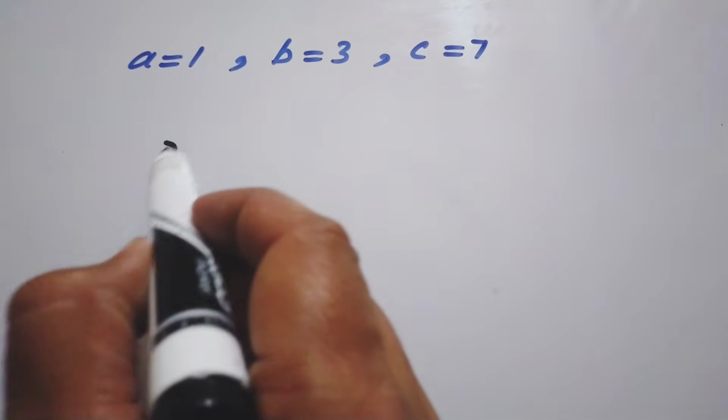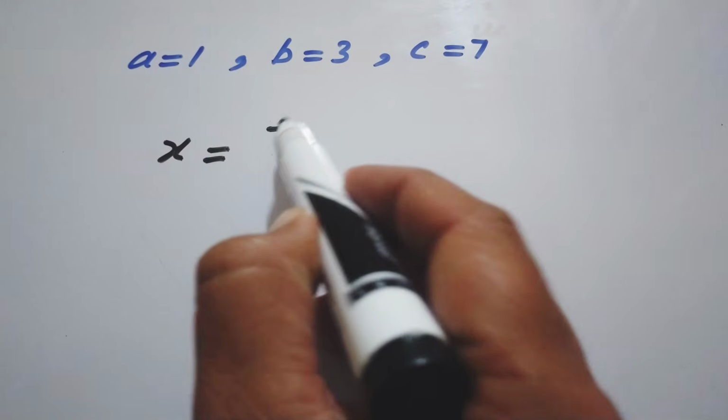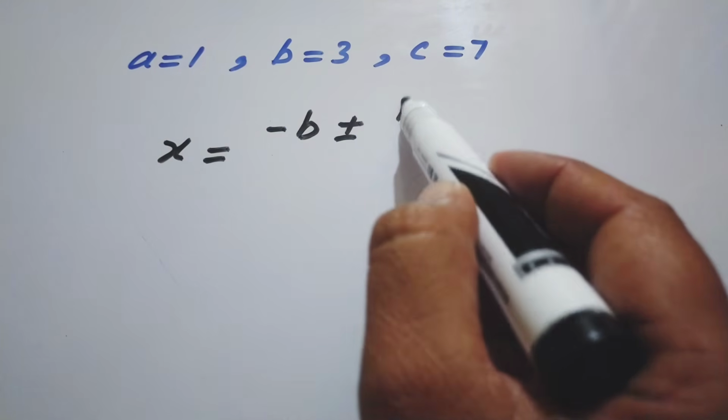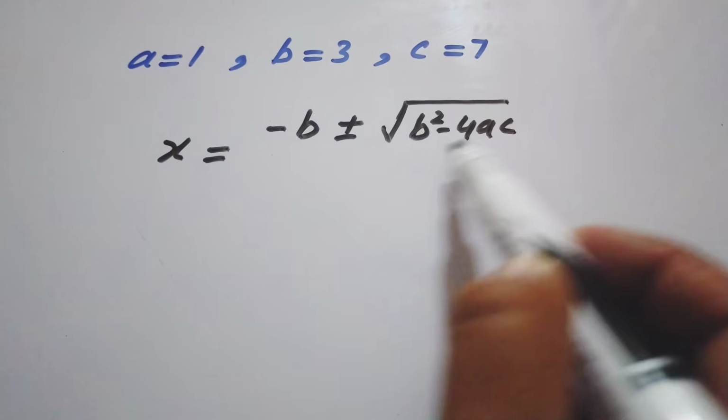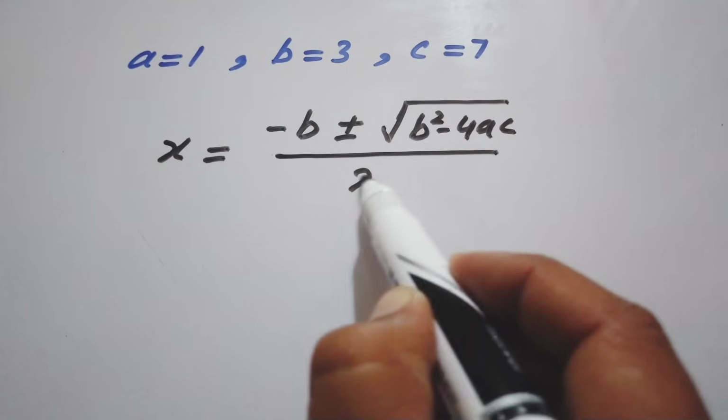The quadratic formula is x equals negative b plus minus square root of b squared minus 4ac, divided by 2a.